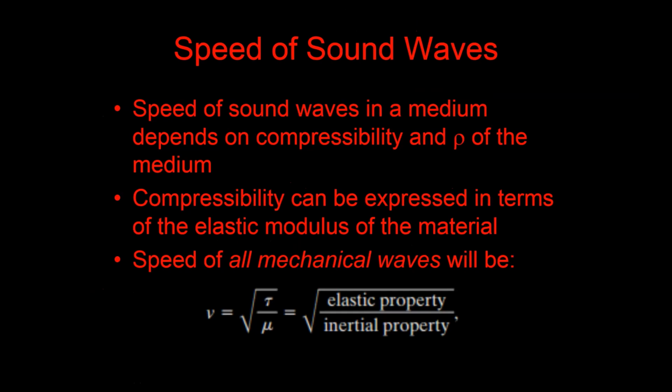So the speed of sound waves in a medium depends really on the compressibility, as said before, and the density of that medium. Hence the difference between sound waves in water versus air. Whale song cannot be readily heard through air, but it can be easily heard through water.